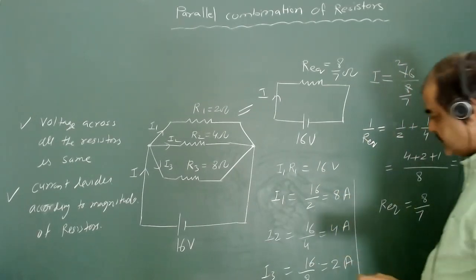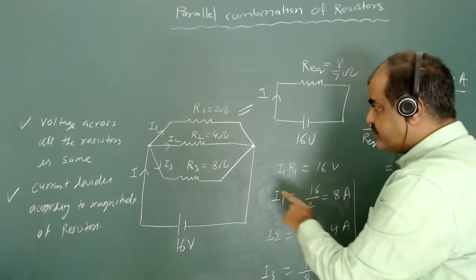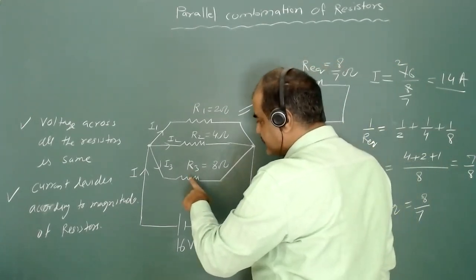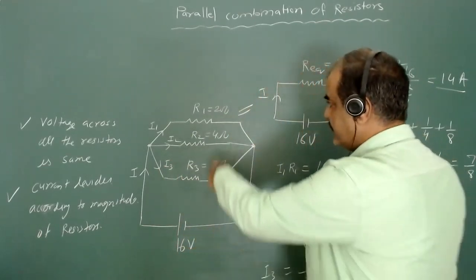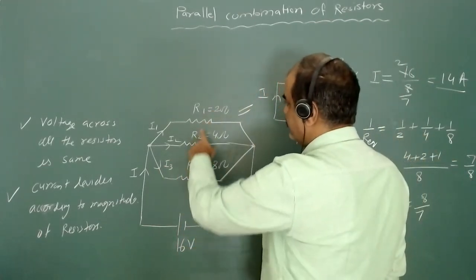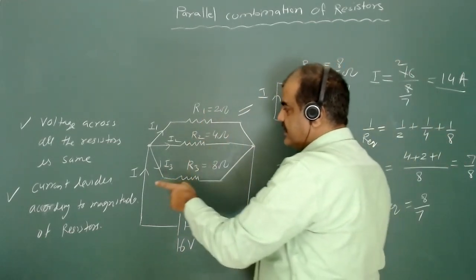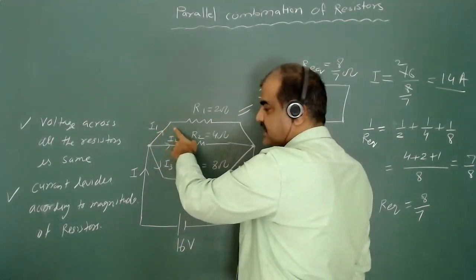That means the resistor whose magnitude is lowest carries the maximum current. For example, these three resistors are connected in parallel, and in R1 the current is 8 ampere. Current will always choose the path in such a way that the resistance of that path is minimum.